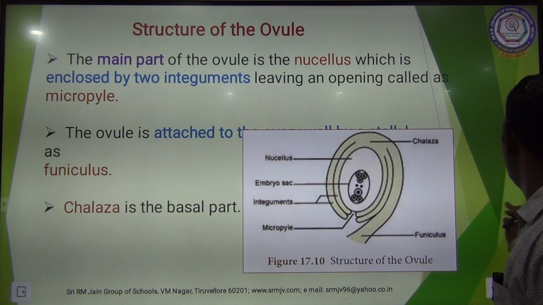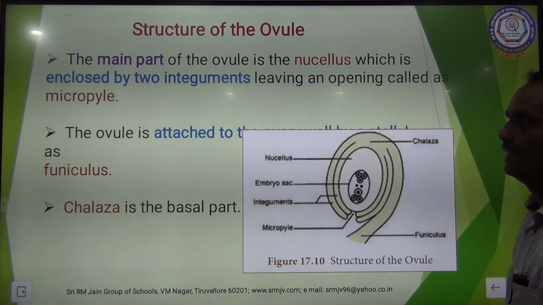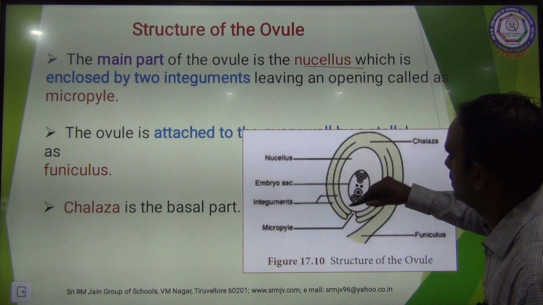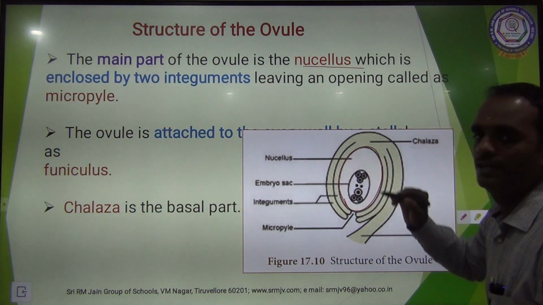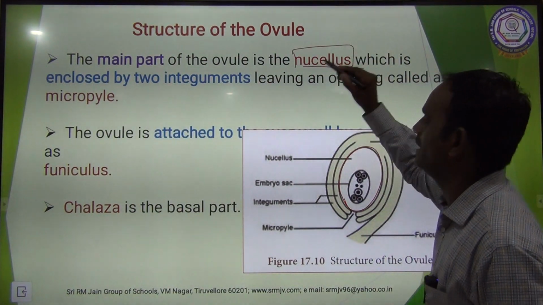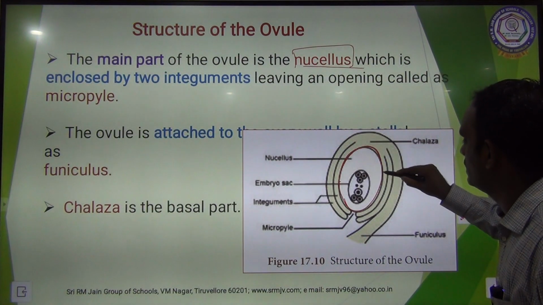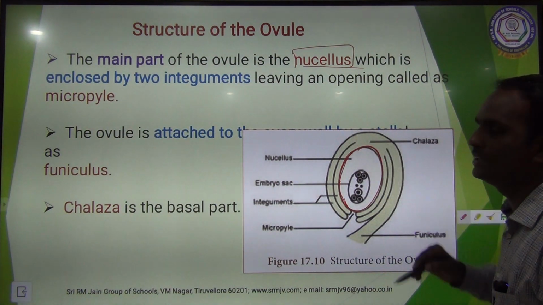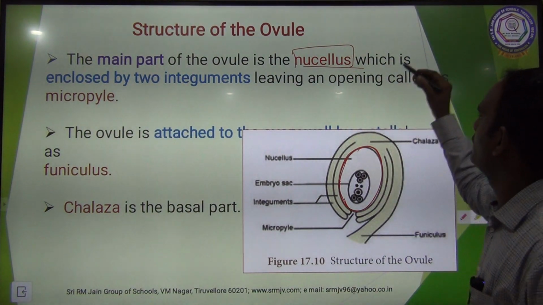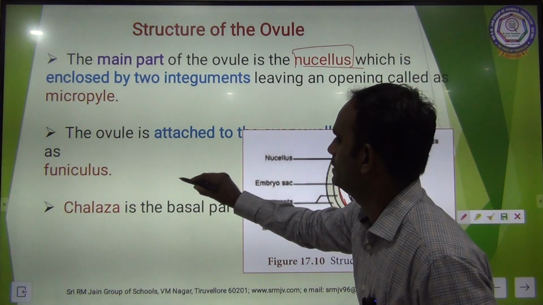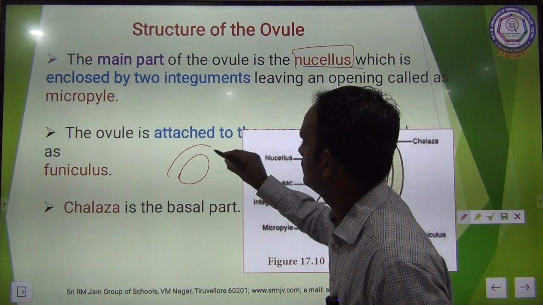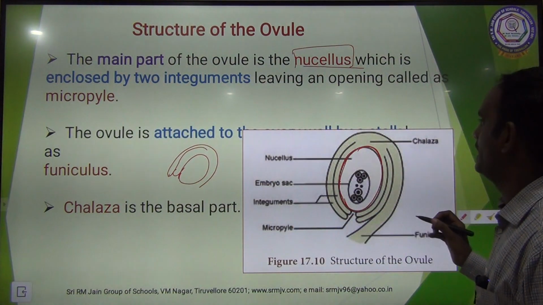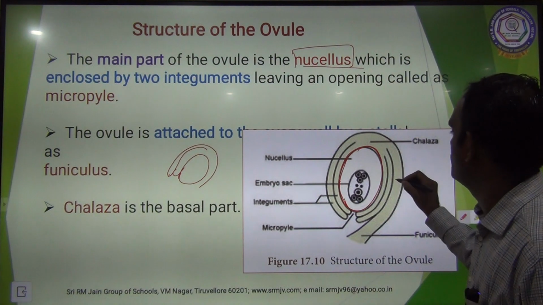Structure of ovule. The main part of the ovule is the nucellus. This entire part is called nucellus. Children, please listen very carefully. The main part of the ovule is said to be nucellus, which is enclosed by two integuments.